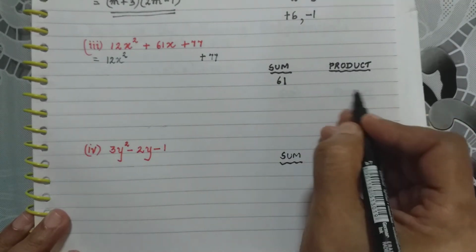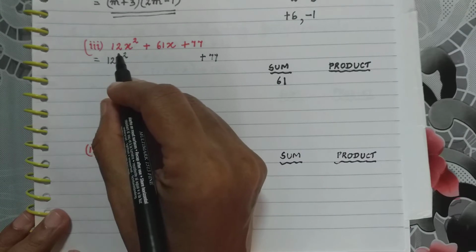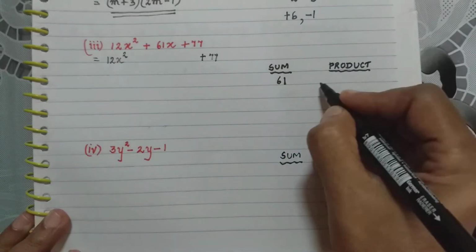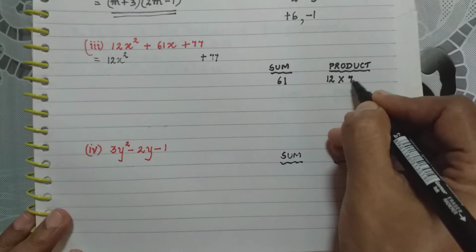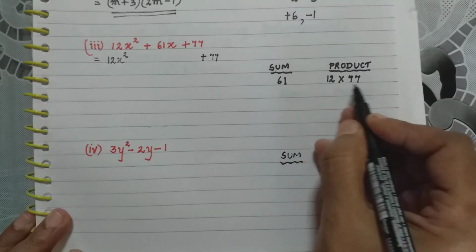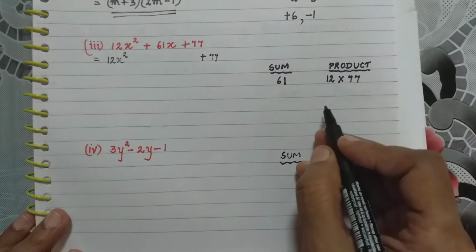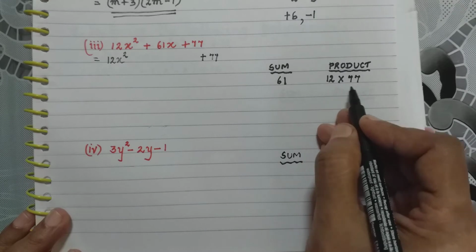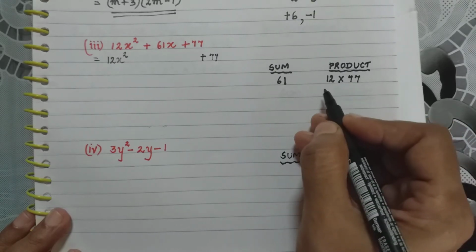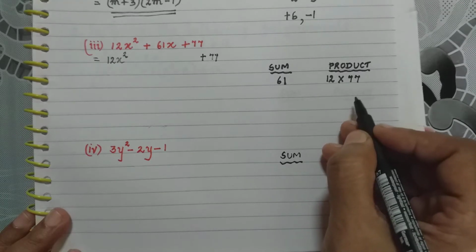Now the product here is the product of 12 and 77, that is 12 into 77. Now if I multiply 12 into 77, I am going to get a very big number. So that is why I will not multiply here. What I do is I try to break up the factors here itself.